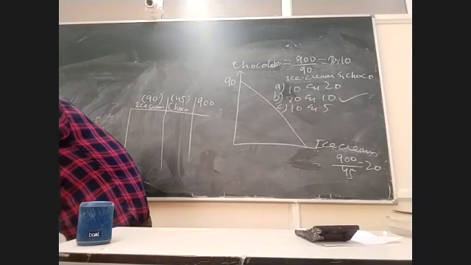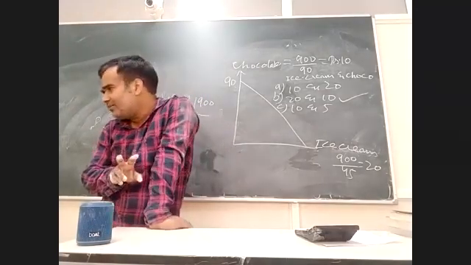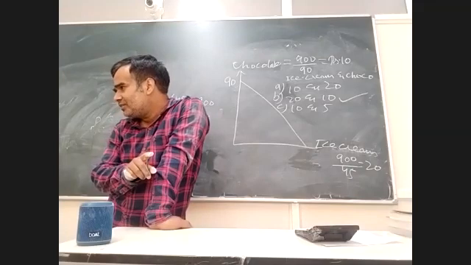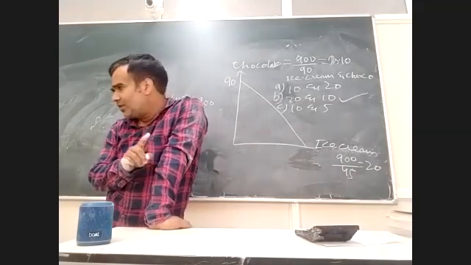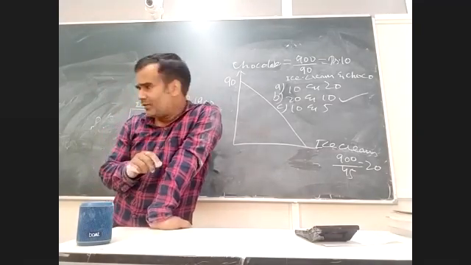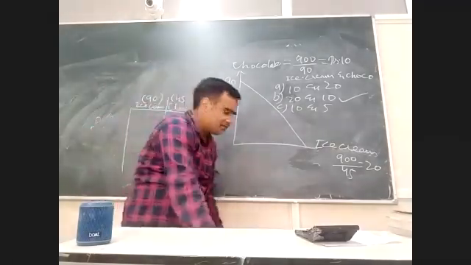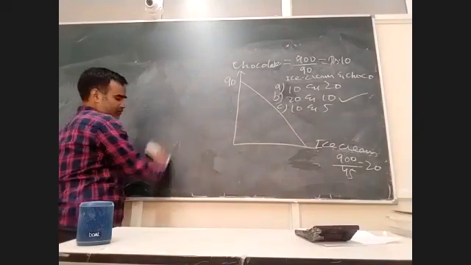Okay. And they have given us the data for question 88. The old price is 6 rupees, the new price is 4 rupees, the old quantity is 10, and the new quantity is 15. So first we'll find out the elasticity of demand. Sir, when they ask to find the coefficient of price elasticity, which formula should we use, sir?